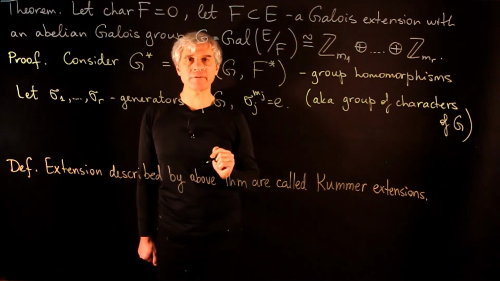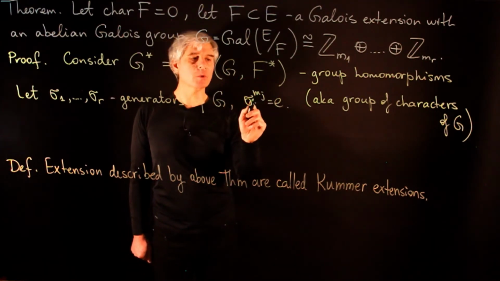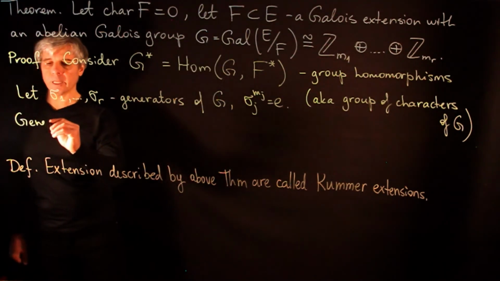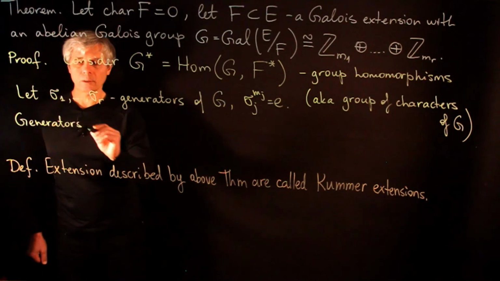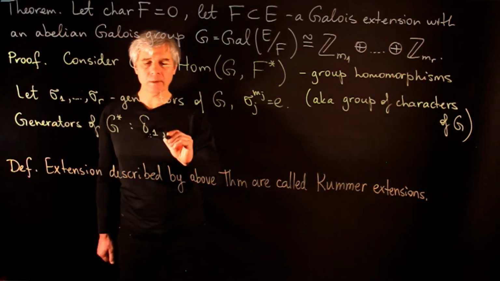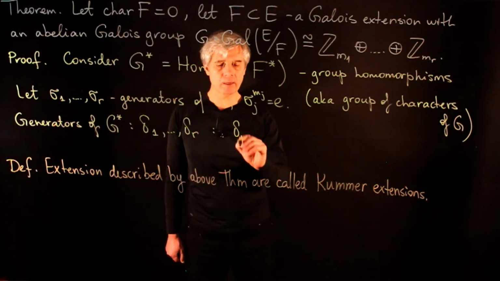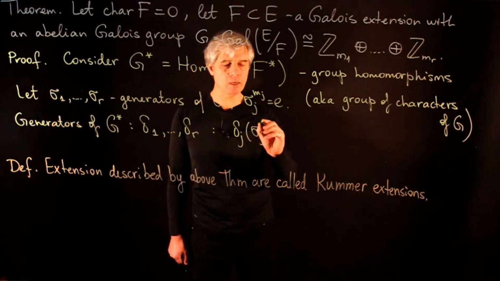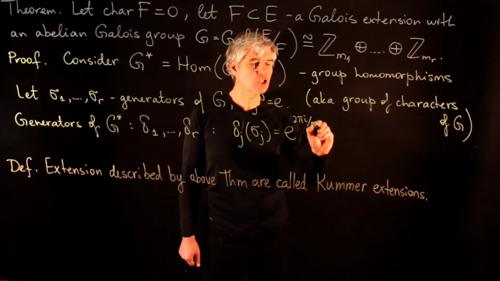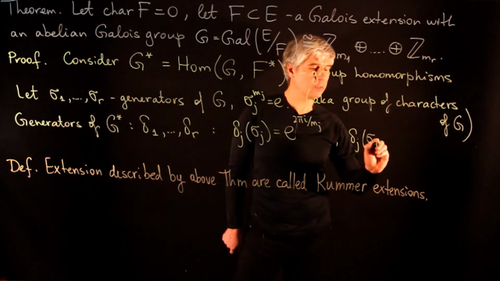Since each sigma has a finite order, under a group homomorphism to F star, it must go to an mth root of unity. Then we get the following set of generators of the dual group. So this will be delta 1 through delta r, where delta j sends sigma j to e to the 2 pi i over mj, and all other sigmas are sent to 1.